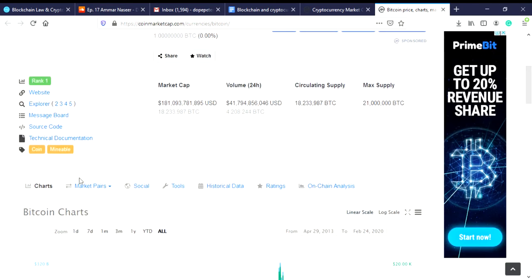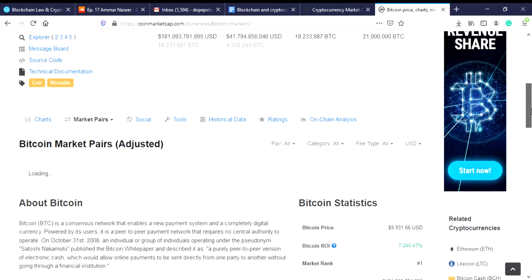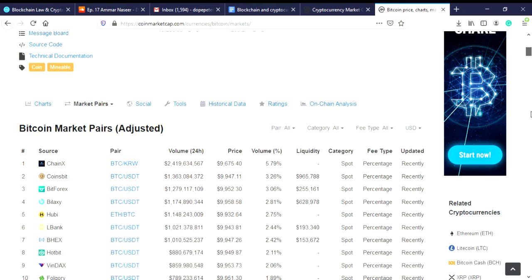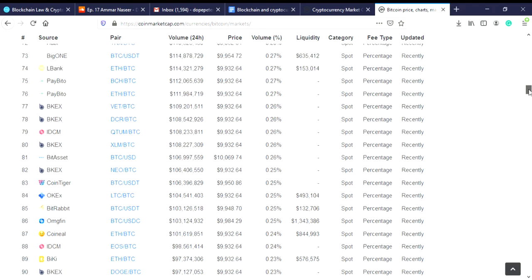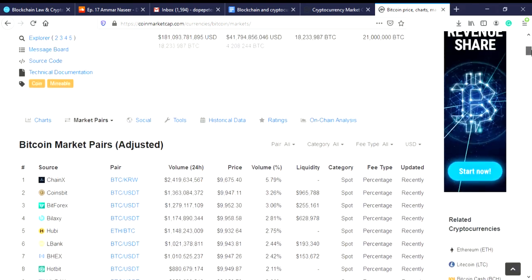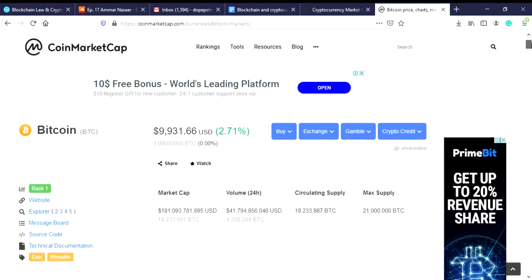And if you click on market pairs right here, it's going to show you all the markets, I mean all the exchanges where you could trade Bitcoin, and the volumes on each exchange, and the price, and all that. But what I really want to show you guys is this.